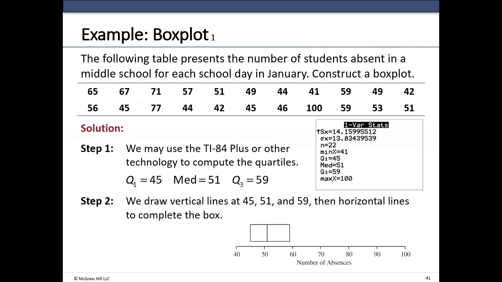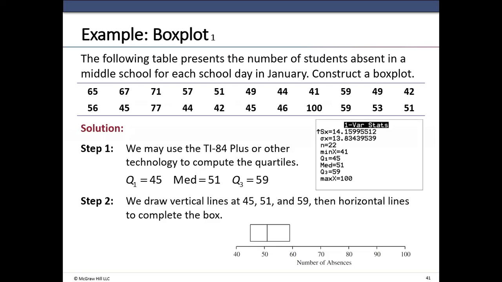No. So from Q1, I subtracted 1.5 times IQR to establish the lower outlier boundary. Any number on the left of the lower outlier boundary, which in this case is 24, would have been an outlier. There is no number smaller than 24 in this data set. So therefore, no outlier on the left.